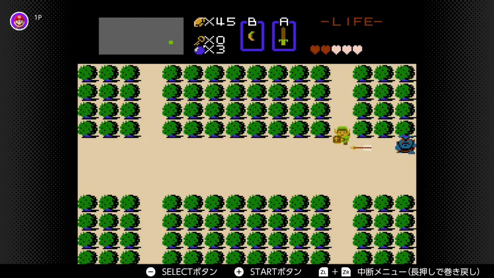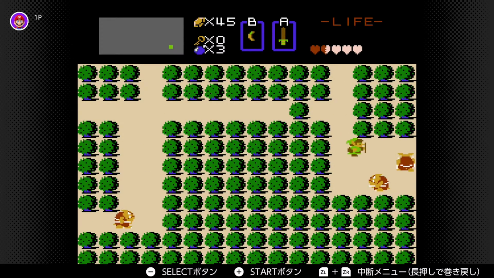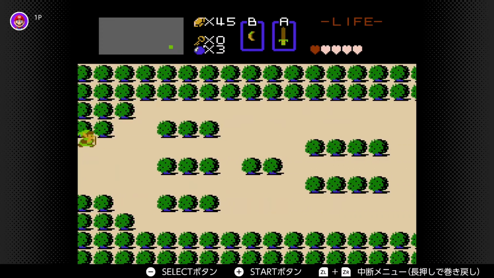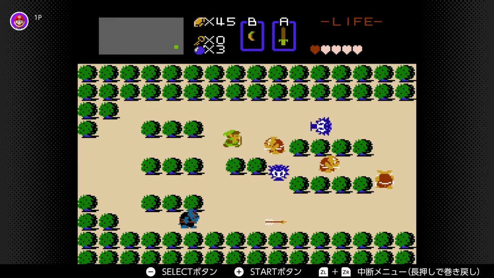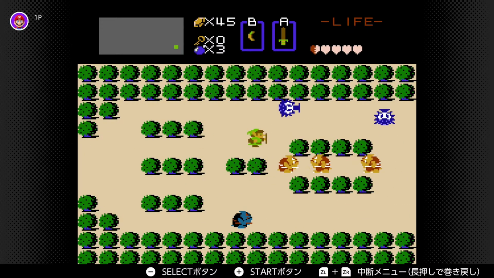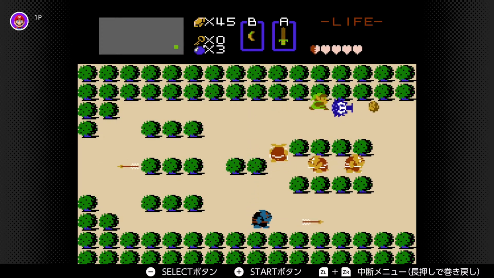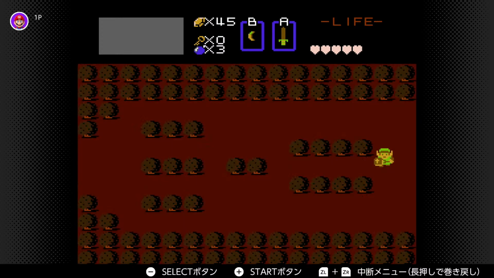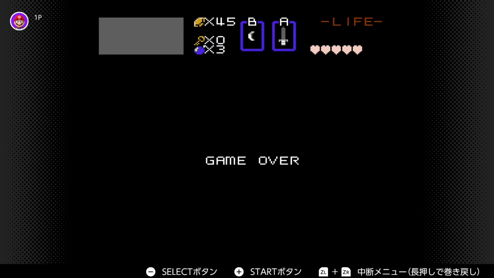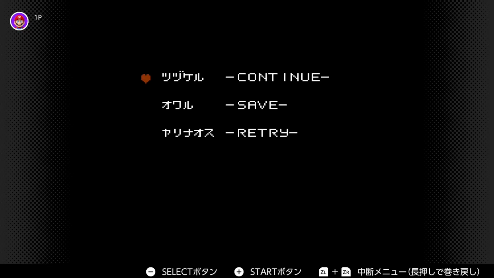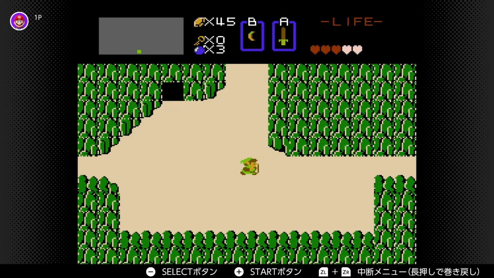Let's go towards the bottom. Oh boy. At the very least, I think it should... And we got hit by the arrow, of course. That's Suzukeru. Continue.